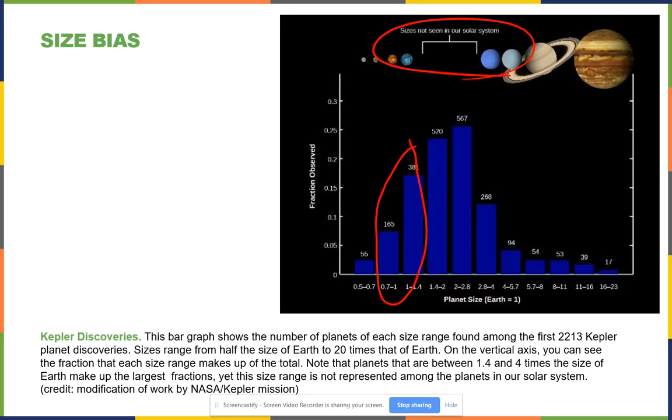So the fact that the large ones taper off means, yeah, there's not that many large ones because we would find those much more easily. And the small ones, maybe Earth-sized planets are more common and we're just not finding them. Maybe this trend continues on down to pretty small size before it stops. Right? Can't say for certain because we know we're going to have a hard time finding the tiny planets.